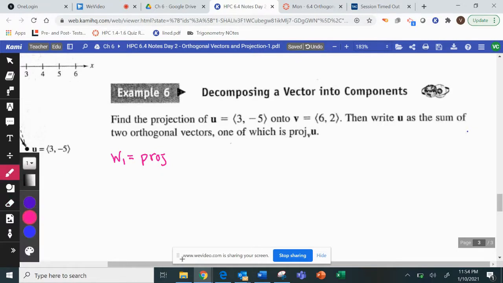And that's going to give us the formula of u dot v over the magnitude of v squared, and then we multiply that by v.